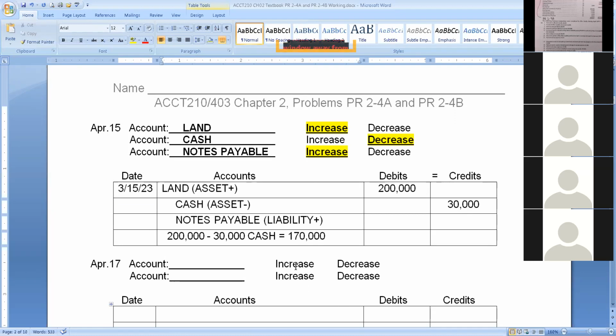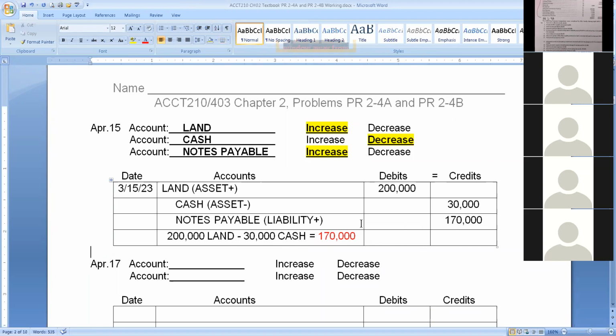Okay, so this 170,000, this is what we need for our notes payable. So it was 200,000 for the land. 30,000 was for the cash.